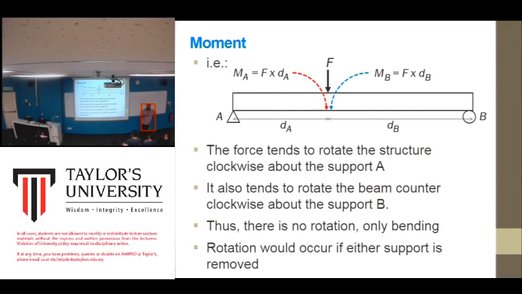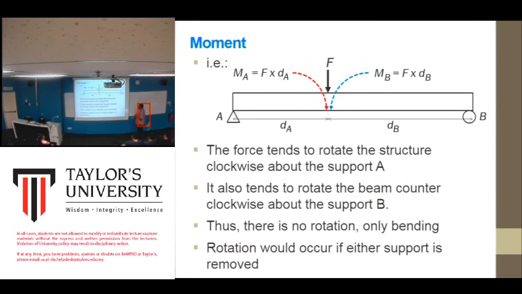Okay. We look at an example to help you understand the concept. Thus there is no rotation, only bending. If there are two supports, of course there will be no rotation, only bending. Rotation will occur if either support is removed.